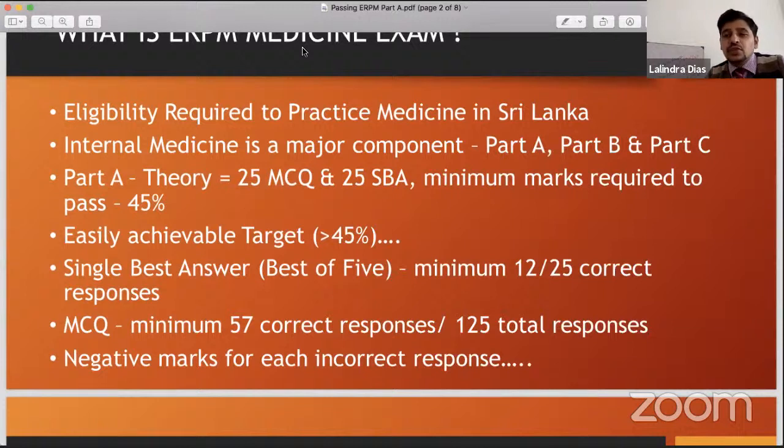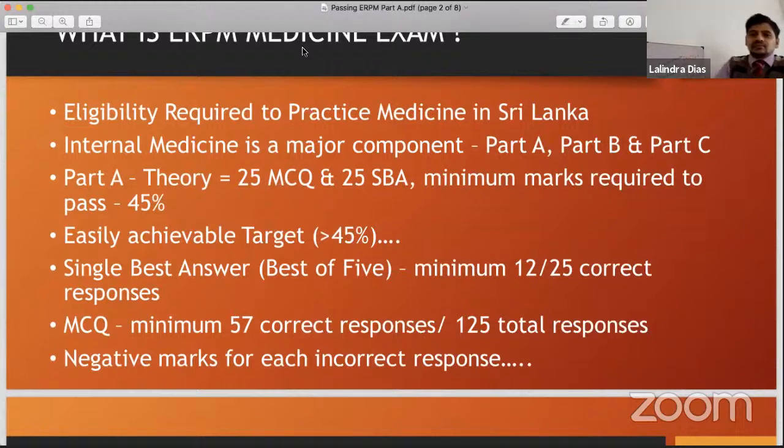I do this calculation because I was an examiner, so we know what areas students score more in and what their weak areas are. In the single best answer paper, all you have to do is get 12 out of 25, which is even less than 50%. If you get 12 questions correct out of 25, you still get 48%.